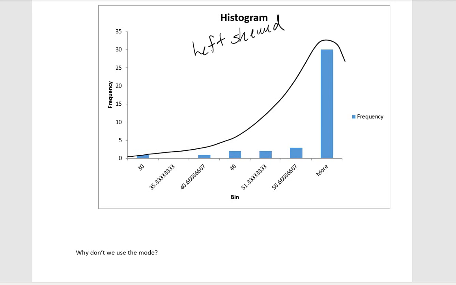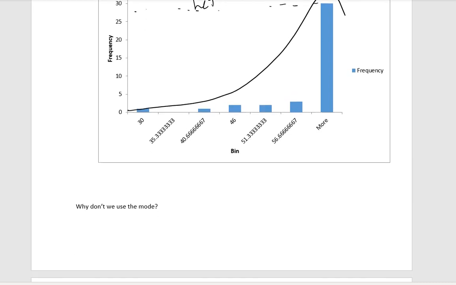And what we can see from this is that around 28-ish students got more than 56.666 on this quiz. And then after that, we only had about 1 or 2 students get any scores below that.